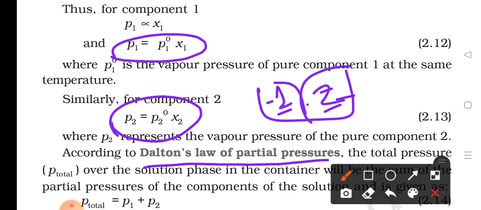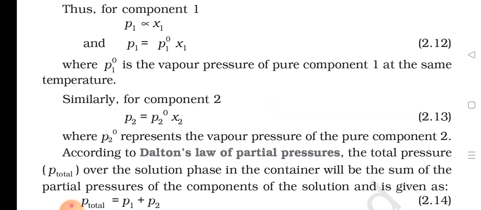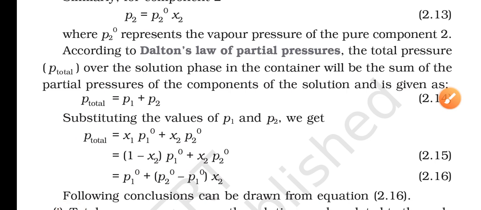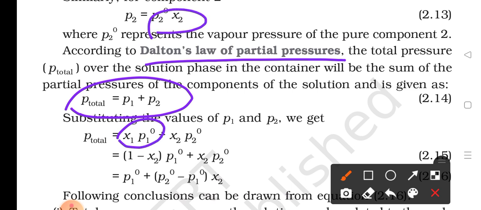To calculate the total pressure, you have to add the partial pressure of liquid 1 and the partial pressure of liquid 2, and it's known as Dalton's law of partial pressure. P total equals P1 plus P2. And we know that P1 equals x1 P1 naught and P2 equals P2 naught x2.